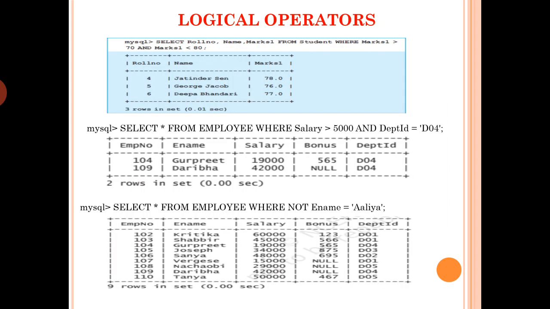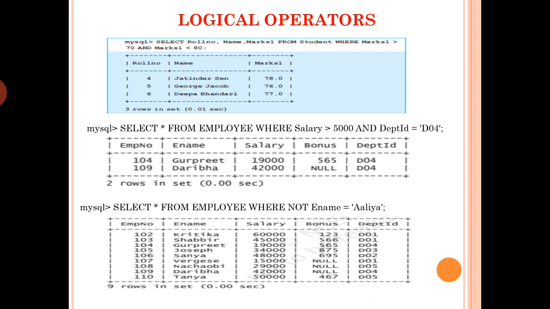Logical operators. The logical operators and, or, and not are used with the where clause to combine multiple conditions. For example, the statement select roll number, marks 1, name from student where marks 1 greater than 70 and marks 1 less than 80 will display roll numbers and names of students who have secured marks above 70 but below 80.